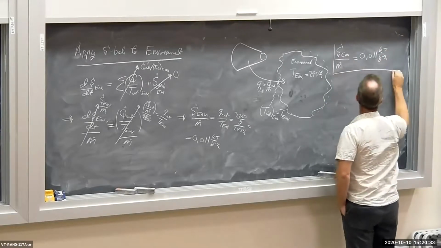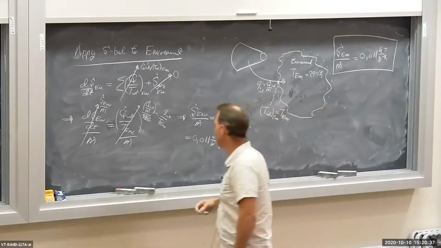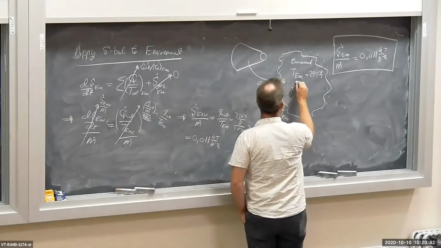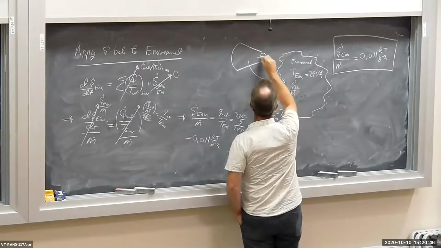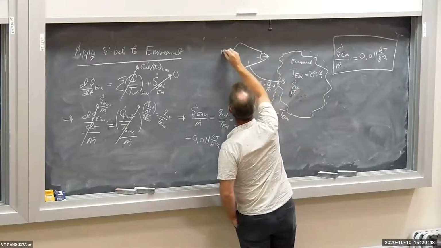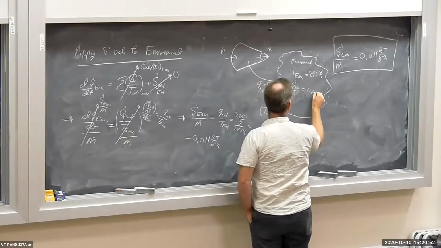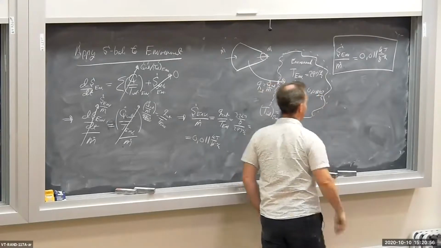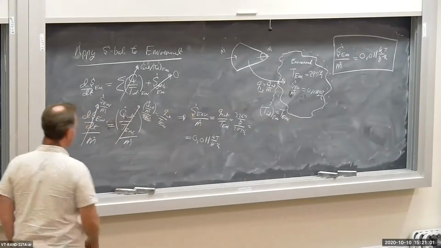So let's put a little box around there, all right? So this, S dot environment per mass flow of air through the nozzle, is equal to 0.011 kilojoule per kilogram Kelvin, okay? So that's the change in the environment.